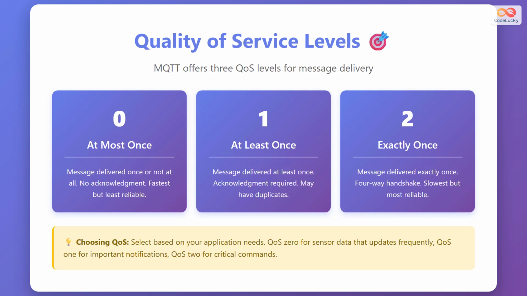QoS 2 is called exactly once, where the message is delivered exactly once using a four-way handshake. It is the slowest but most reliable option. Choose your QoS level based on your application needs. Use QoS 0 for sensor data that updates frequently, QoS 1 for important notifications, and QoS 2 for critical commands.